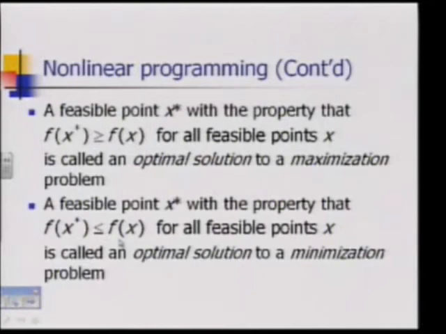You may ask, is the optimal solution unique? Not necessarily. For instance, if you can do as well as another student, you are equally good. Many feasible points can satisfy this property.